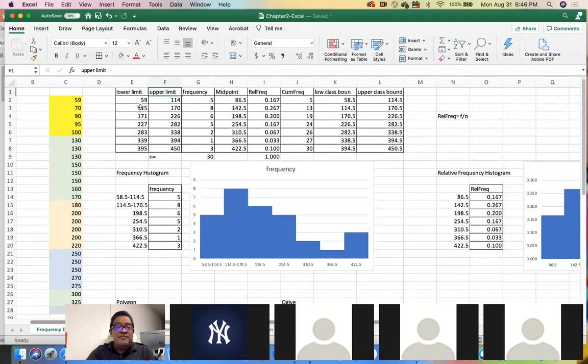Once we found the lower limit and the upper limit of the class, we tallied all these values. We found the frequencies, which is the number of observations that fall in each class. Then we found the midpoint, which is the average of these 2 points. Then we found the relative frequency, which is the frequency divided by the sample size.